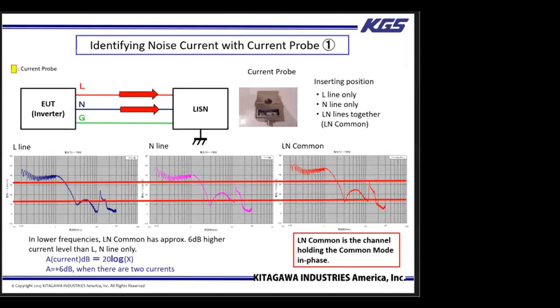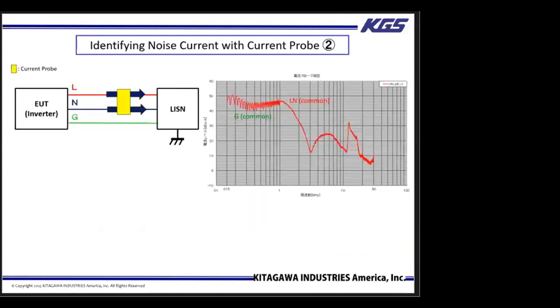The equation supported the measurements from the probe experiment. Therefore, we understand that the L and N lines have currents running in the same directions. Although we don't know which direction, we can assume that the current is coming from the EUT and returning on the ground line. And this is the common mode number 1 route that we explained earlier.